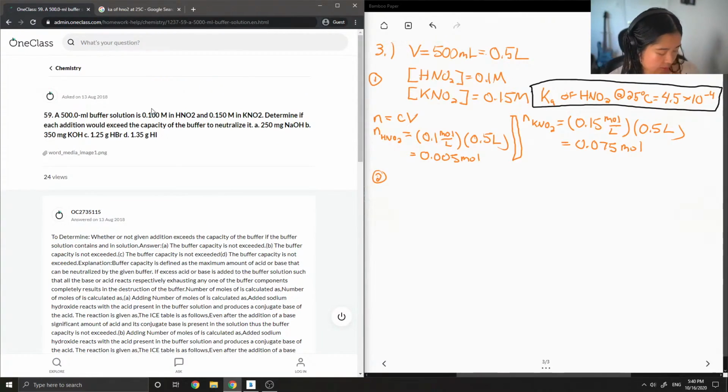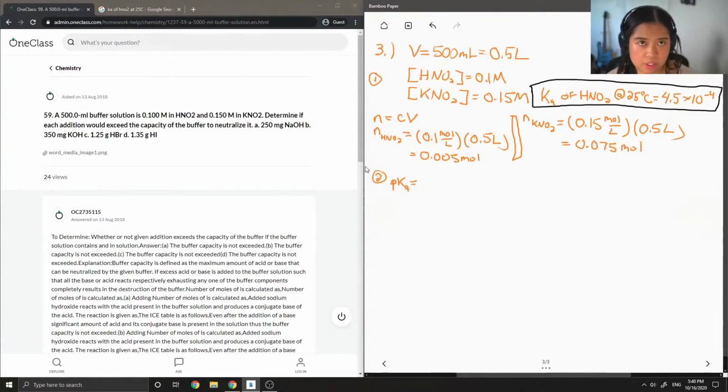And then next, we want to calculate the pKa. So we're just going to calculate the pKa of the solution before adding anything in. And to do that, it's negative log of the Ka value, which is negative log of 4.5 times 10 to the negative 4. And then we end up with a pKa value of 3.3. And then from here, we can also calculate the pH.